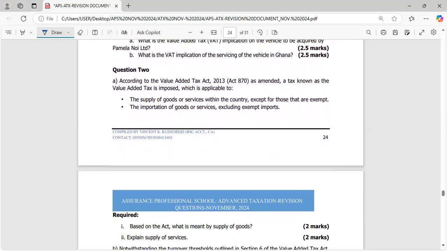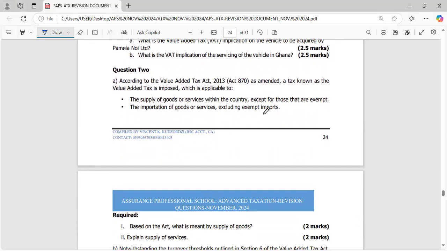According to value-added tax, a tax known as value-added is imposed, which is applicable to the supply of goods or services within the country, except for those that are exempt, and the importation of goods or services, excluding exempt imports. There are some imports that are also exempted.